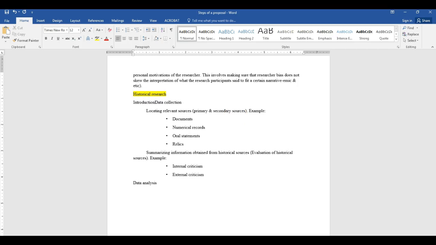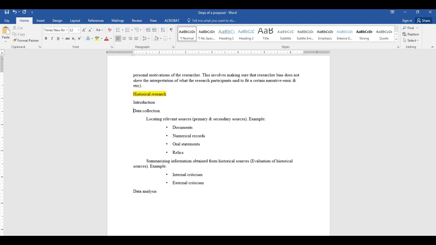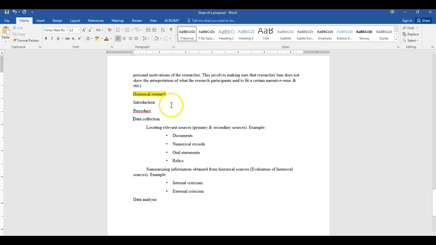So you're going to do an introduction of what you're going to do, and then a quick explanation of the procedure. In qualitative research, it's really important to talk about the procedure because it's very detail oriented and it has to be done in a specific way, specifically in the historical research. And then you start your data collection, locating.